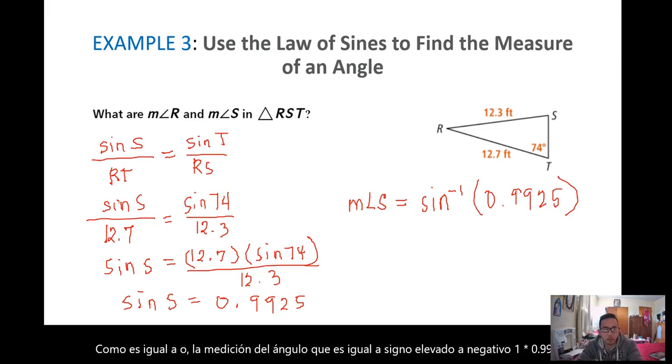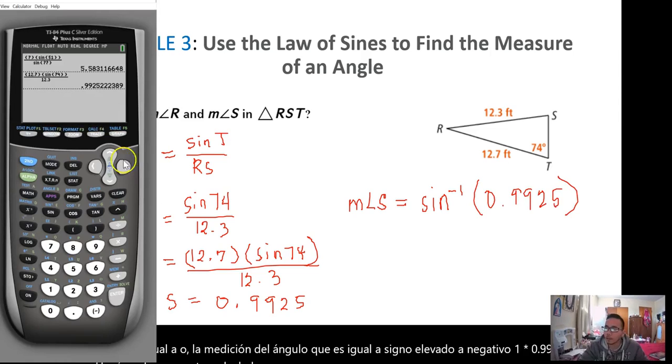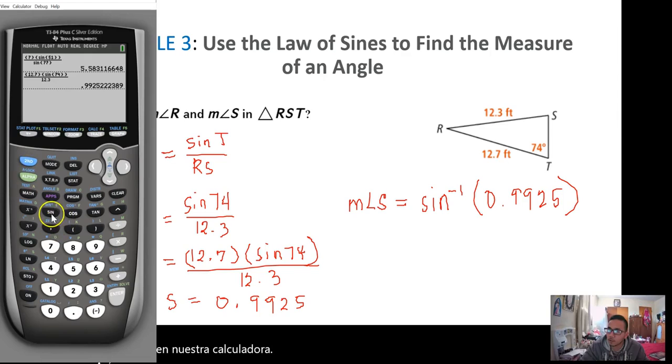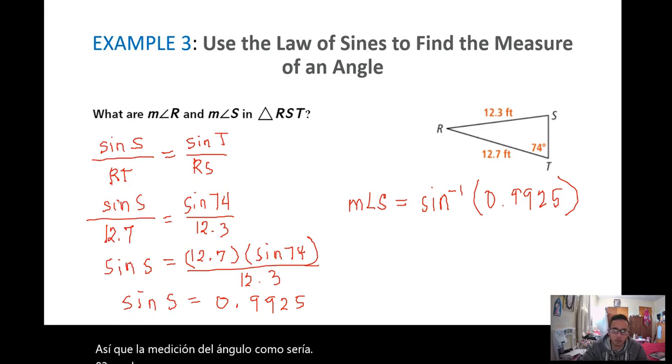Let's do that in our calculator. I'll do second function sine, and that's 0.9925. So the measurement of angle S would be 82.9, so 83 degrees.